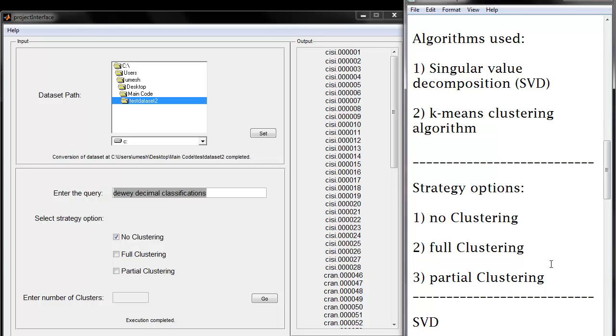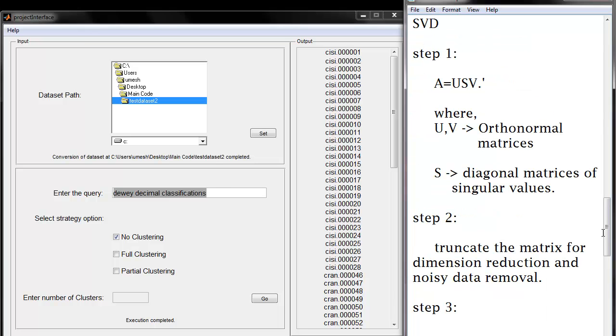In full clustering, all the clusters produced by the k-means clustering algorithm are considered for retrieval, whereas in partial clustering, only those clusters that are nearer to the given input query are considered for retrieval.